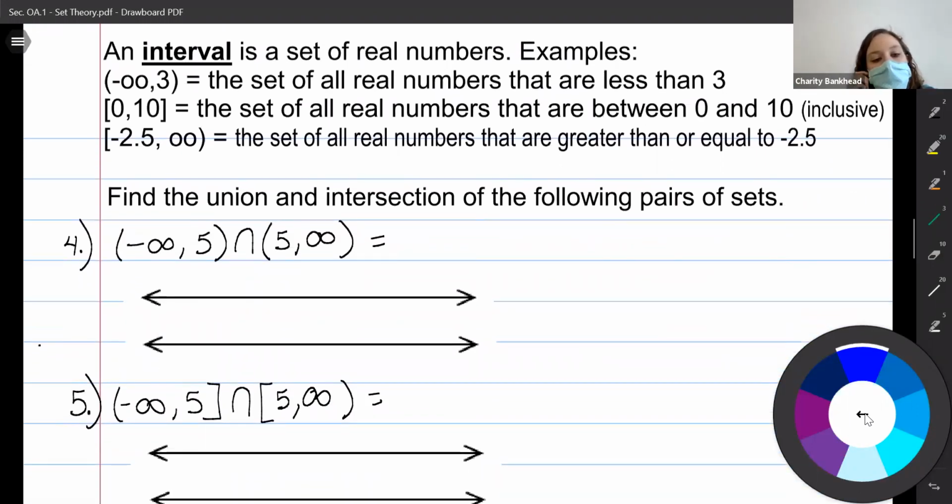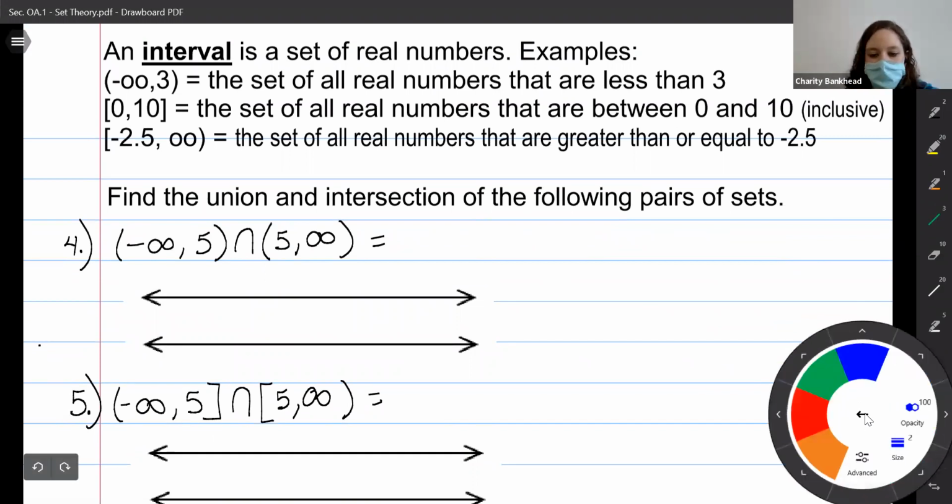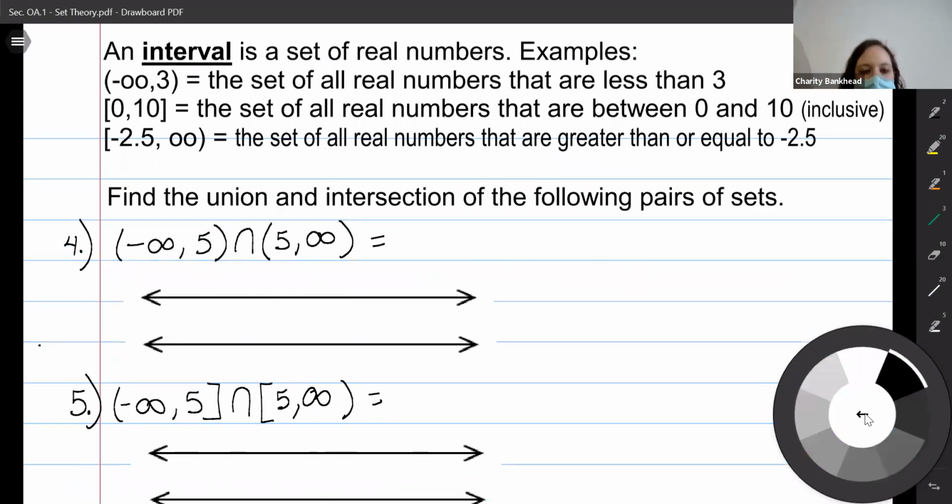So next we're going to apply the unions and intersections to intervals because intervals are a type of sets.